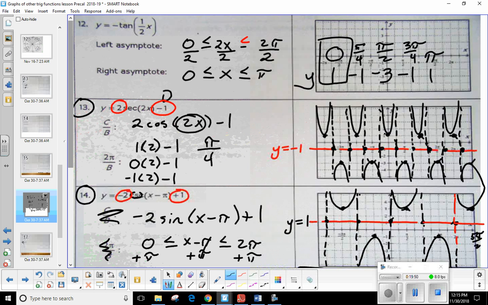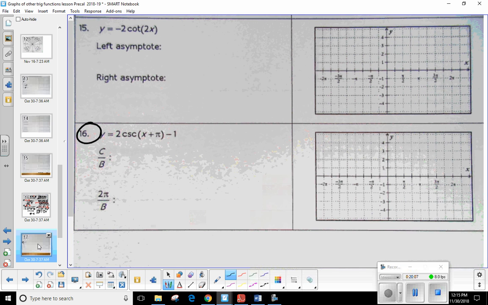Okay. Do you want to go ahead and try a tangent or a cotangent? Okay, which one? But which problem, though? 15? Okay, let's take a look at 15, cotangent. Now, let me go ahead and write this out. Again, we're not interested in anything else the problem is saying. So left, right asymptote, don't care about that.